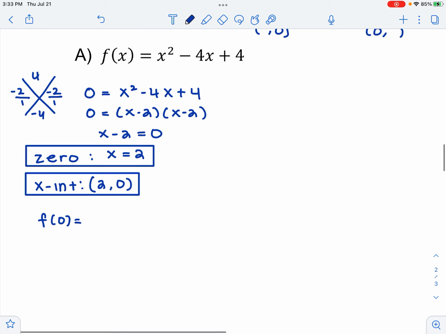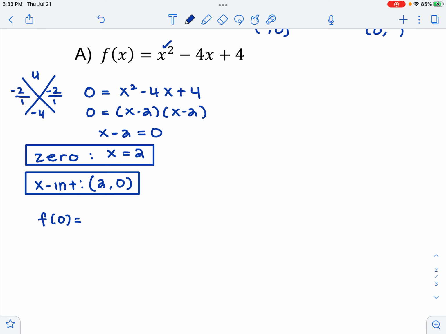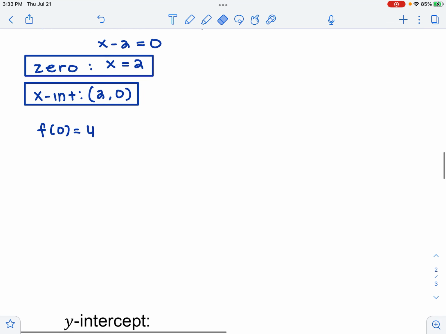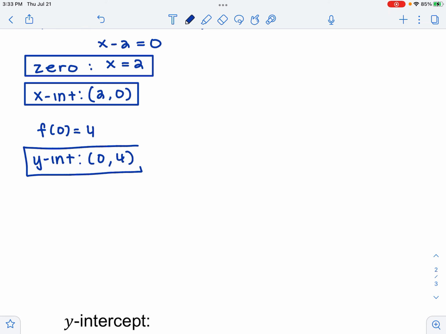Plug in 0 for x: 0 squared is 0, minus 4 times 0 is 0, plus 4 is 4. So I get 4. Not a lot of work for that. Sometimes there is, but not for this one. Y-intercept, 0, 4.